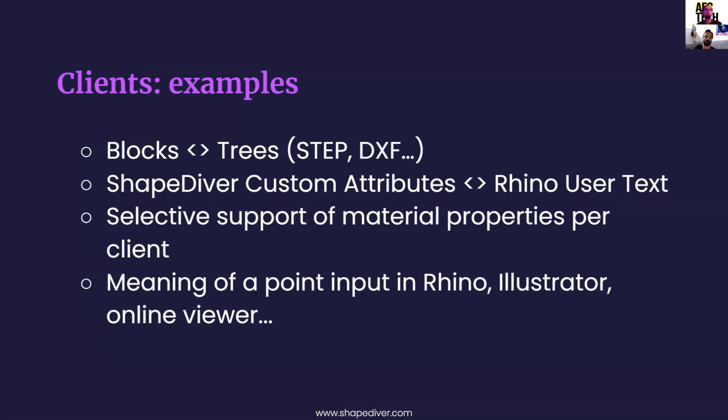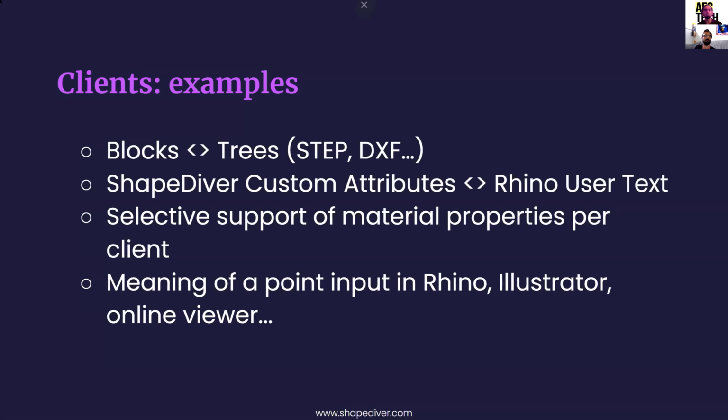What we decided to do for the Rhino client is to map custom attributes with user text for the geometry that is baked and the geometry referenced as inputs of objects. But obviously, custom attributes will be linked to a different specific set of attributes or mechanism in all of the software that we're using.